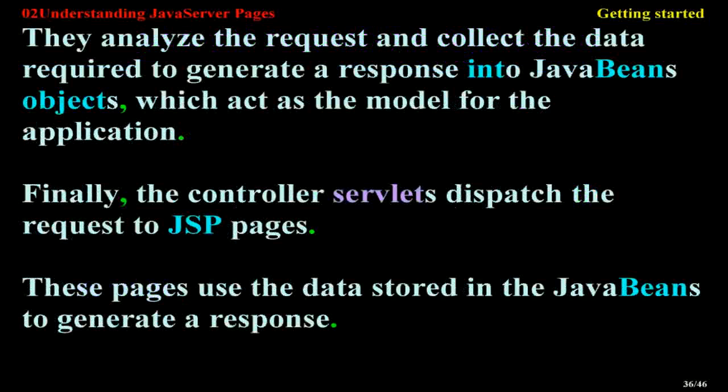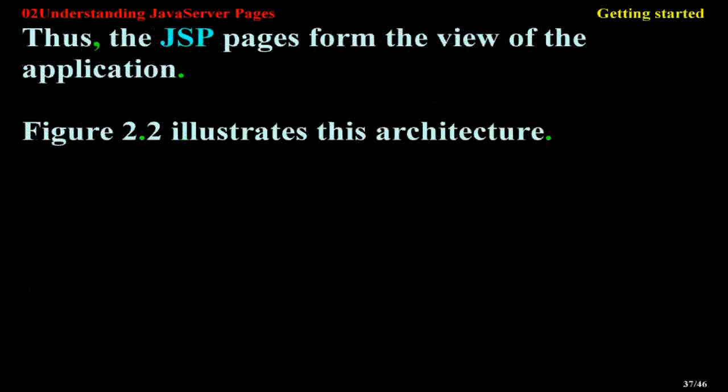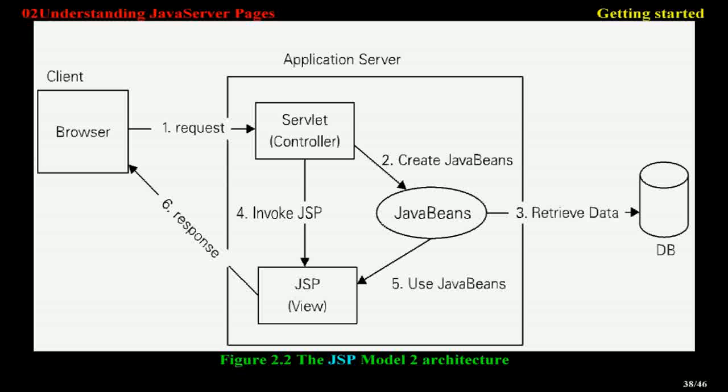Finally, the controller servlets dispatch the request to JSP pages. These pages use the data stored in the JavaBeans to generate a response. Thus, the JSP pages form the view of the application. Figure 2.2 illustrates this architecture. Figure 2.2. The JSP Model 2 architecture.